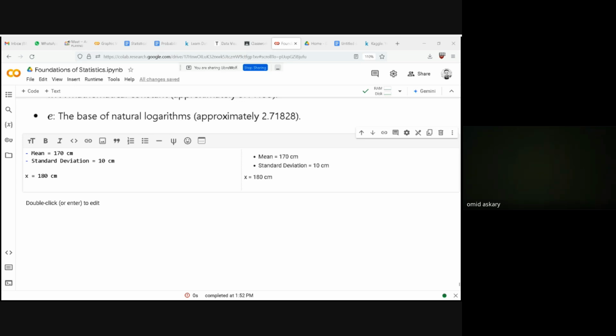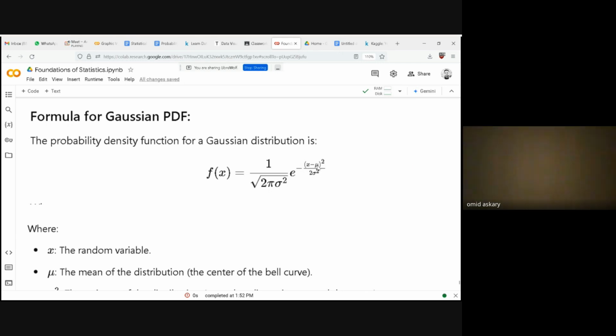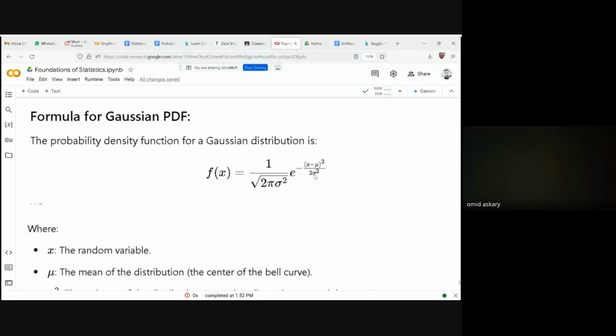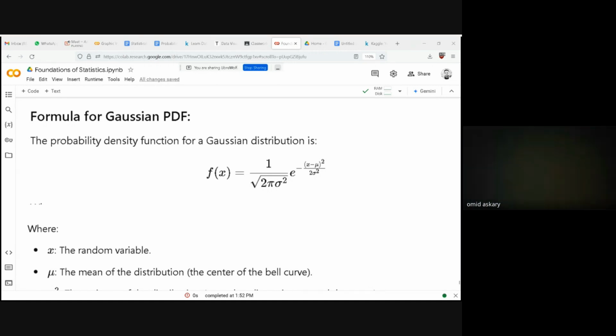If you put all this in the formula, x will be 180, mu, which is the mean of the people, will be 170 centimeters, and the standard deviation will be 10, because we have that. Then the pi value and the e value, everyone understands those.